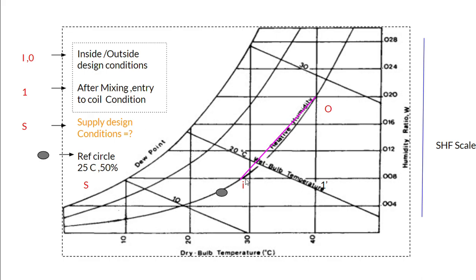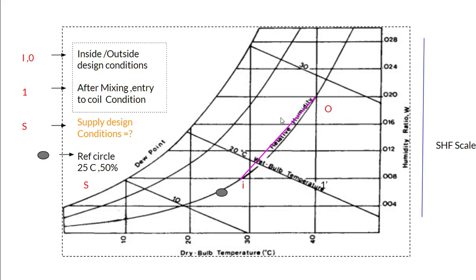The inside conditions are known, we can plot these on the psychrometric chart, and we can join this line. The actual condition of entry to the equipment, that is the AC, would not be I, it would not be O, it would be somewhere in between depending upon the proportion of ventilation.